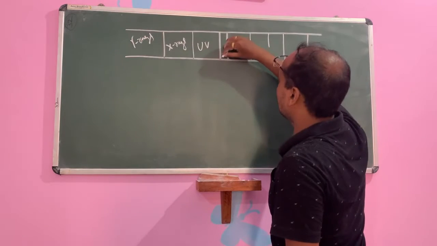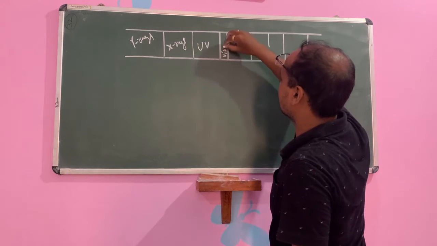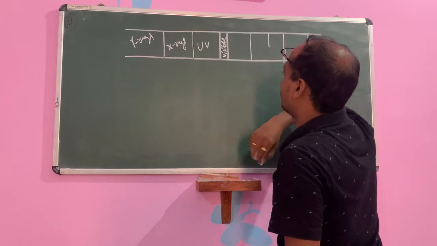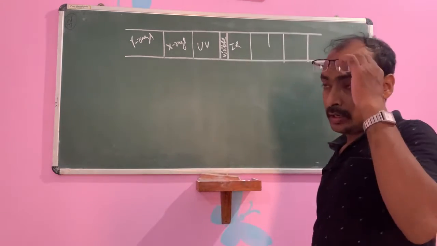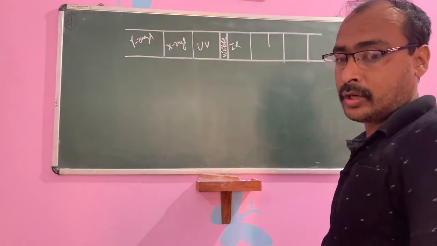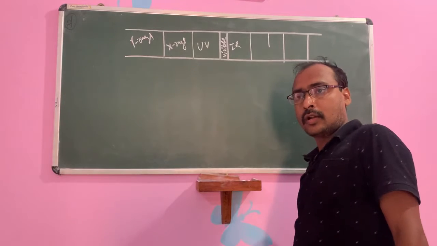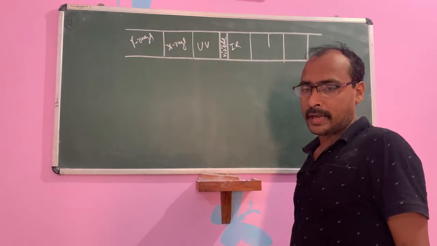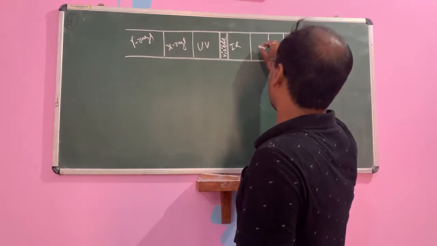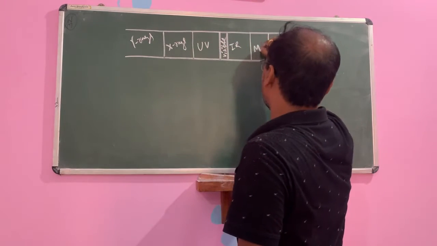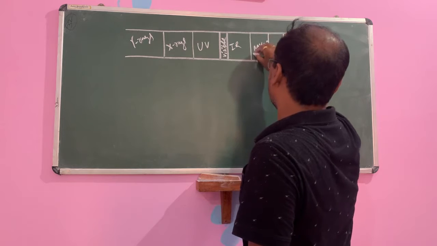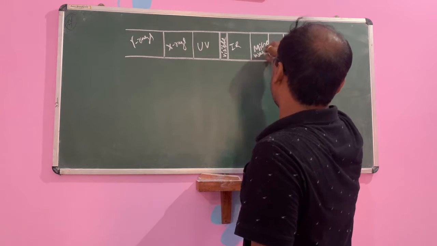This is your visible radiation. After the visible there is infrared radiation, IR. Ultraviolet is UV. Then microwaves. You can take one box for microwaves.